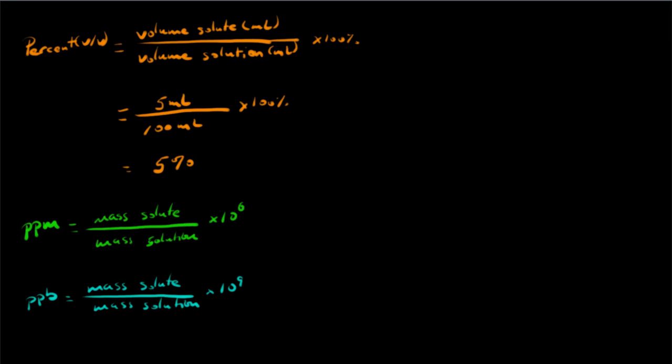Something along the lines of the safety of a certain chemical in food, those are talking about parts per million, parts per billion. You've probably heard of the amount of carbon dioxide in the atmosphere measured in ppm, right? Parts per million.